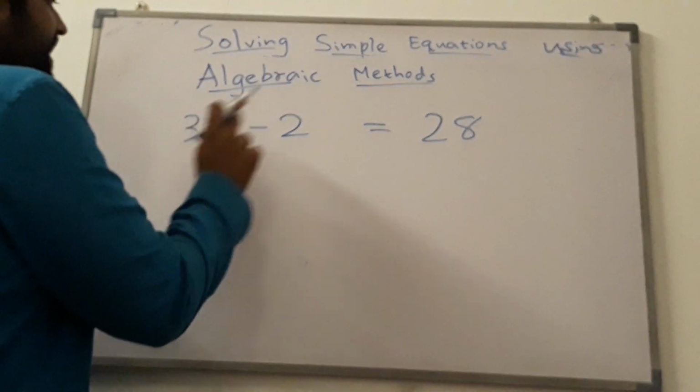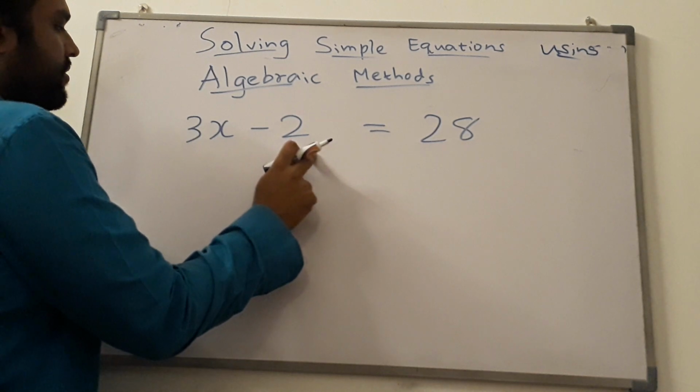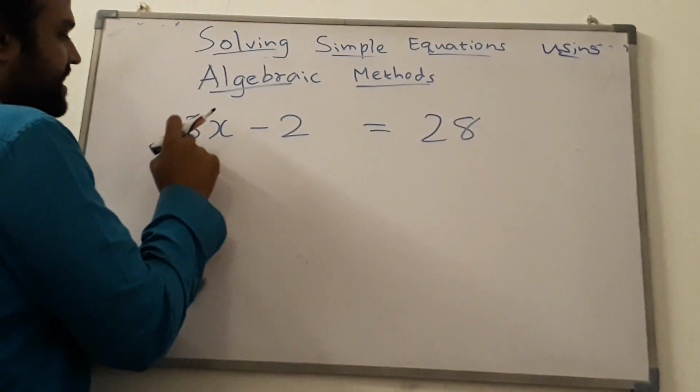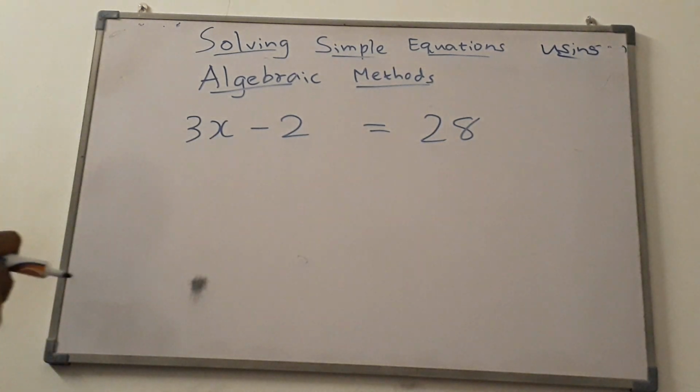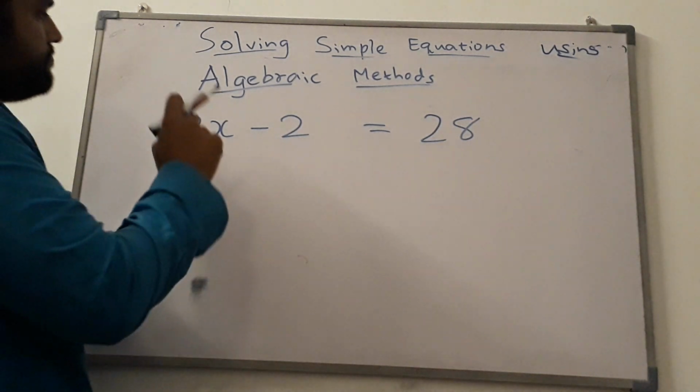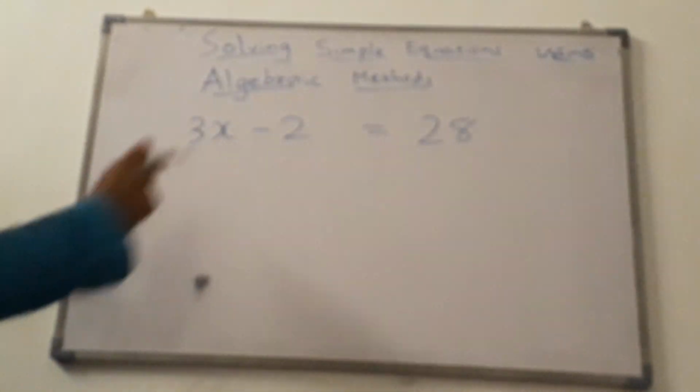Now here there are two terms, and there is a value in front of x. But once we do this, there is another step, that means we subtract 2 from this product.